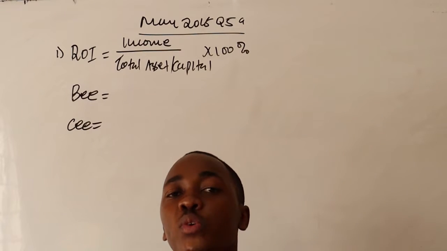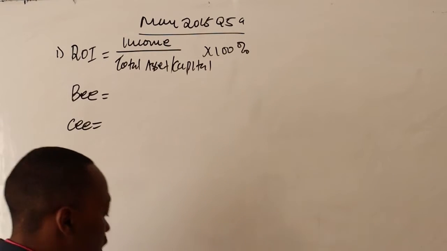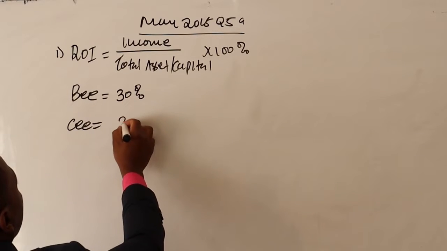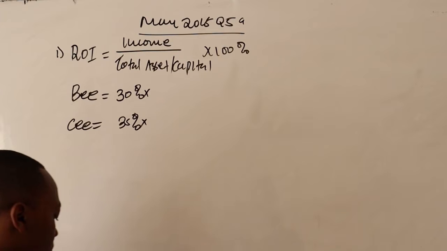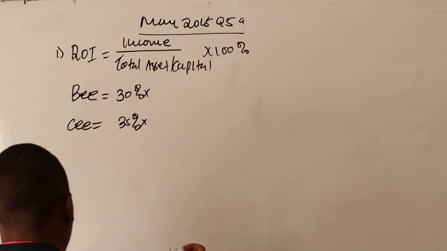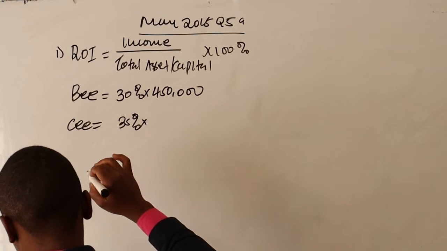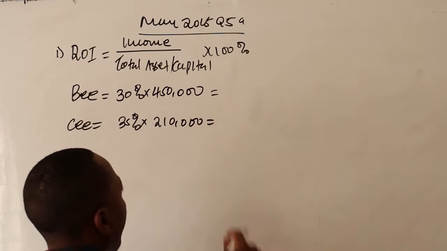No. For you to get the income, which is the same as profit, you are given the net profit margin. For B, the net profit margin is 30%, and the other one is 35%. Then you multiply by the revenue. The revenue for B was 450,000, and for C, revenue was 210,000, so that you can determine the income.